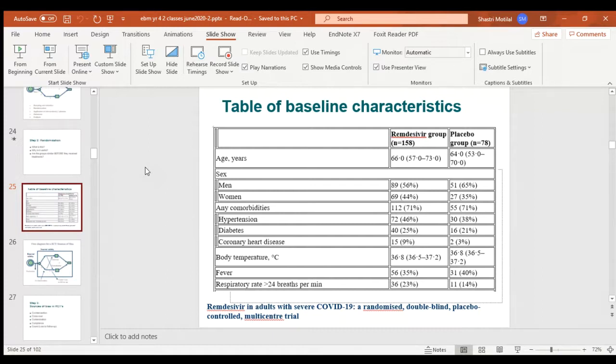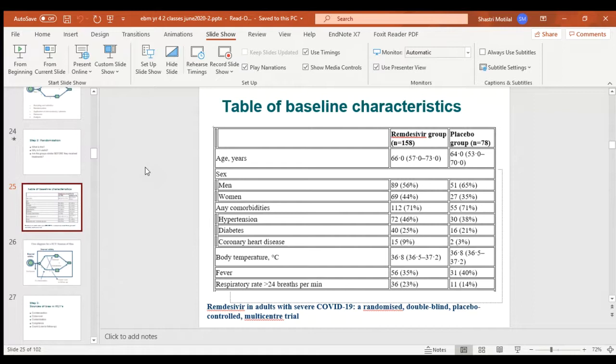Suppose coronary heart disease leads to worse outcomes. Suppose it makes people with COVID-19 get more sick. Then patients receiving this drug remdesivir are probably already set up not to recover, because they have more people with coronary heart disease and more people with diabetes compared to the placebo group. And the conclusions of this study I'll share with you.